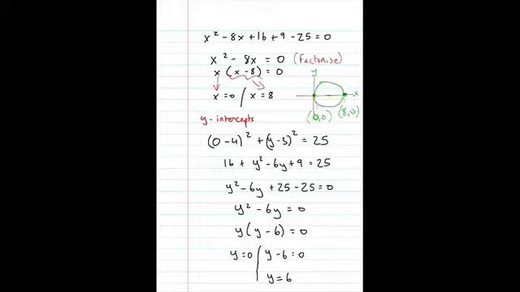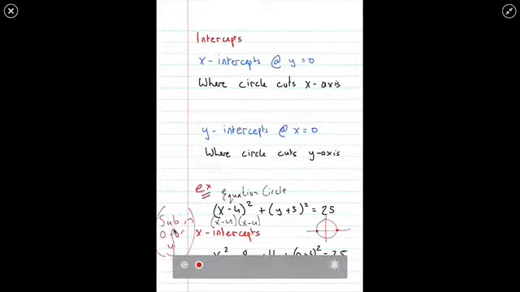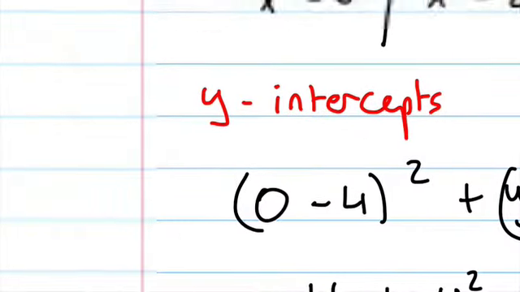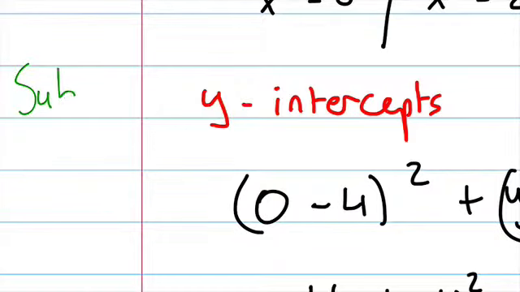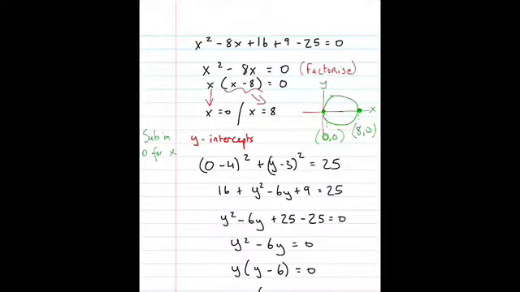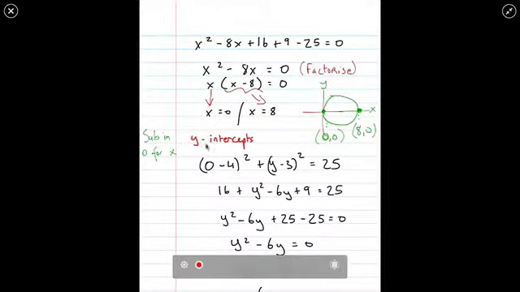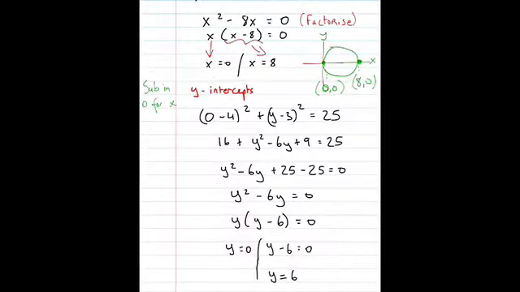To find the x-intercept, we sub in 0 for y. To find the y-intercept, sub in 0 for x. The y-intercept is different to this line. Are you sure you're okay with that?